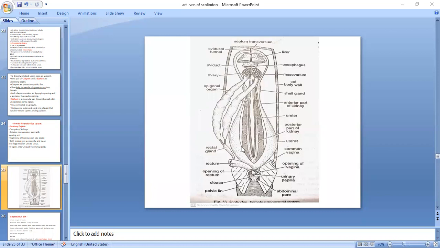Both the uteri are united to form a common uterus, which opens to the outside by the vagina. The vagina ultimately opens into the cloaca. Here one pair of rectal glands and one pair of epigonal organs are present. Their function is unknown and not well studied. So this is about today's topic.